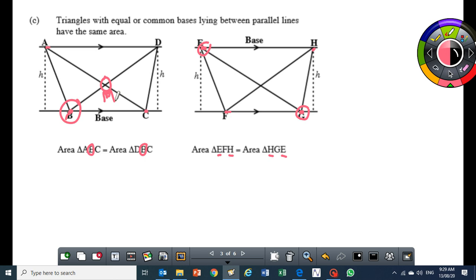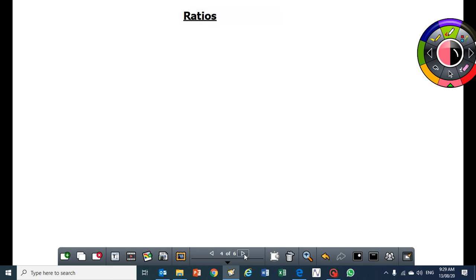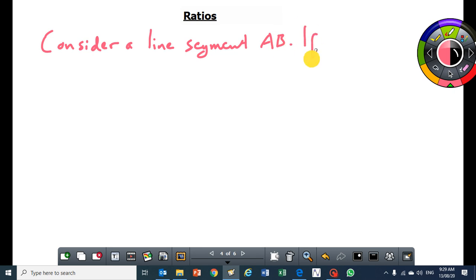Alright. Another question? Okay, I hope you're okay now. So let's consider a line segment AB.